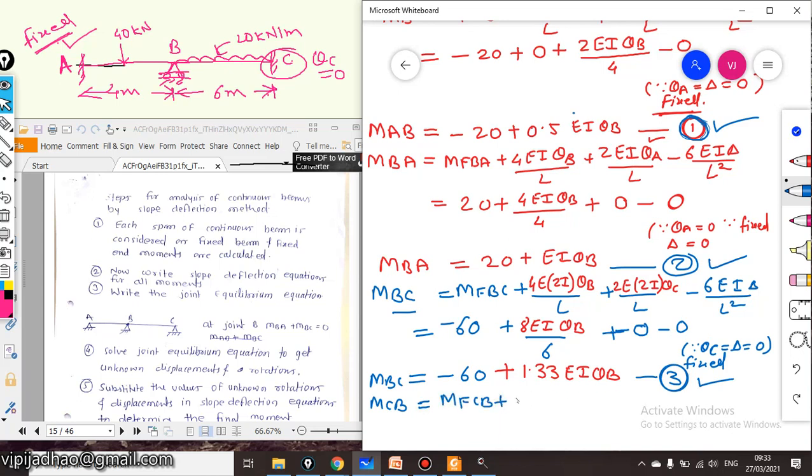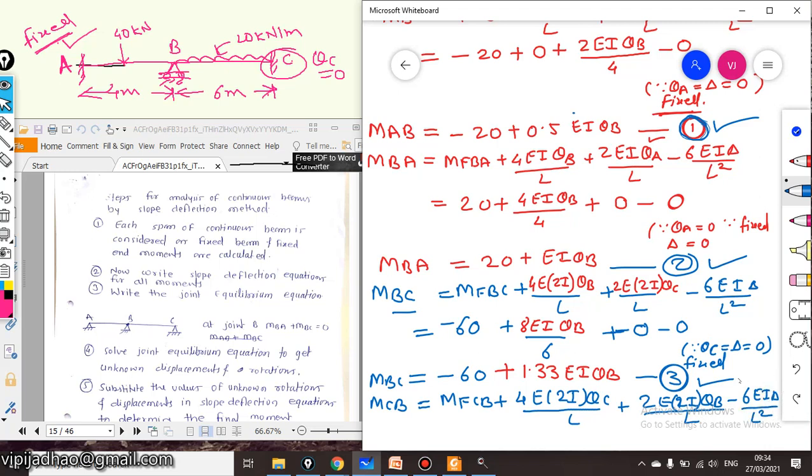This will be equal to MFCB plus 4E, again here we will have twice I theta C divided by L, plus twice EI, it will be twice I, theta B divided by L, minus 6EI delta upon L square.